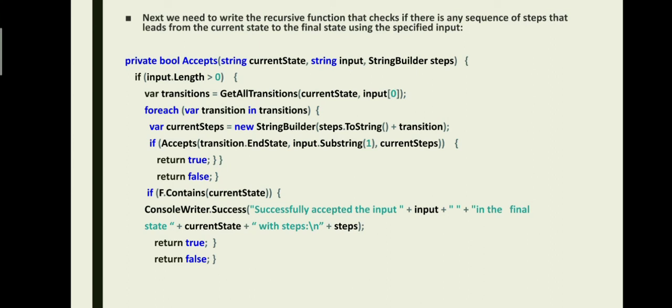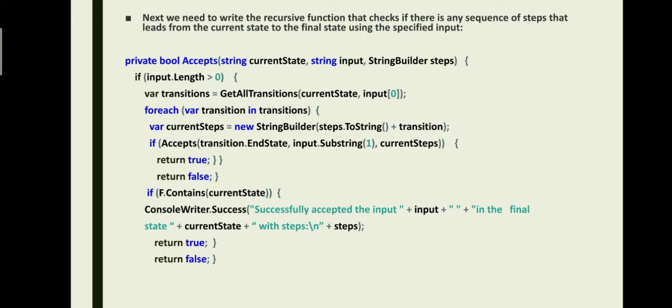Var currentStep is equal to new StringBuilder(steps.ToString() plus transition). If accepts transition.EndState and input substring and the current steps, then it will return true, or else it will return false.